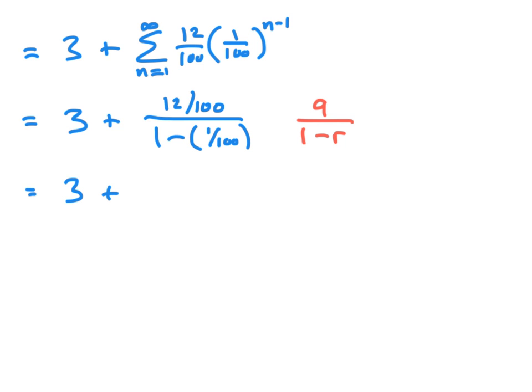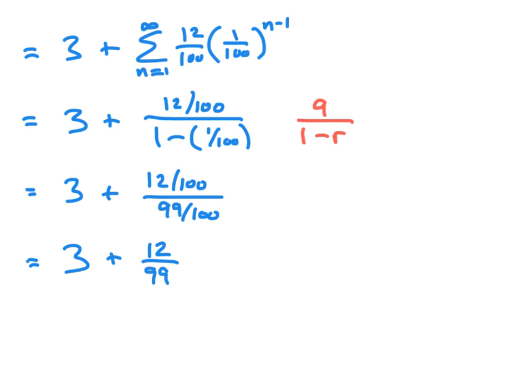This will be 12 over 100 divided by 99 over 100. So we have 3 plus 12 99ths. And when we add 3 to 12 99ths, we get the fraction 309 over 99. And so here is a fraction that represents our repeating decimal of 3.12 repeating.